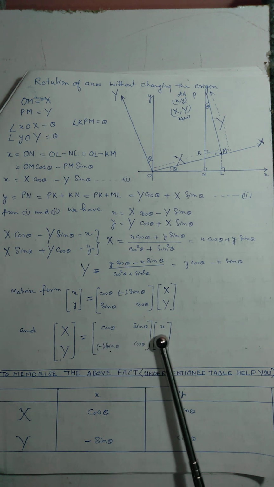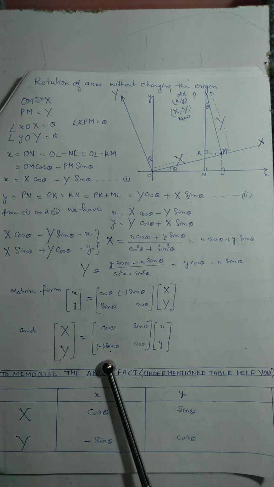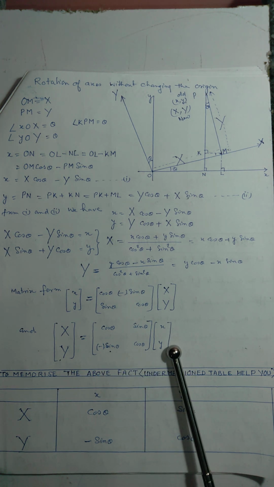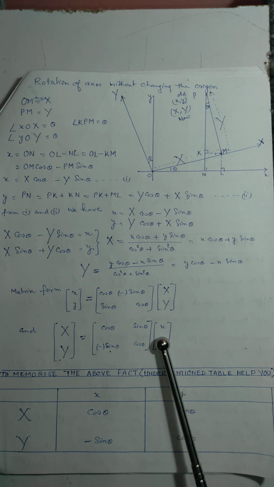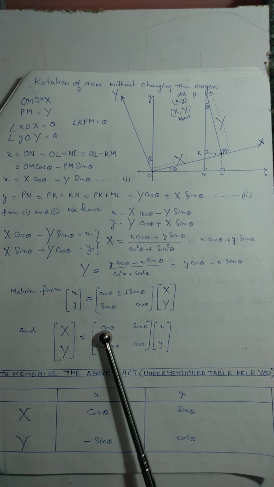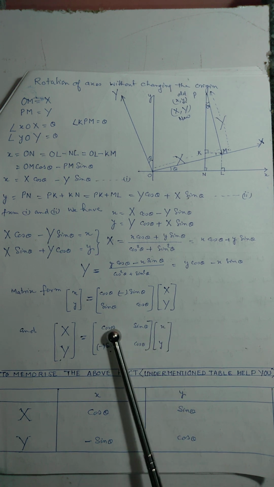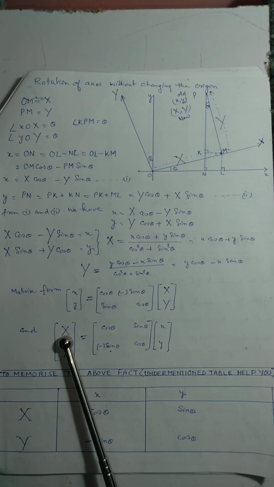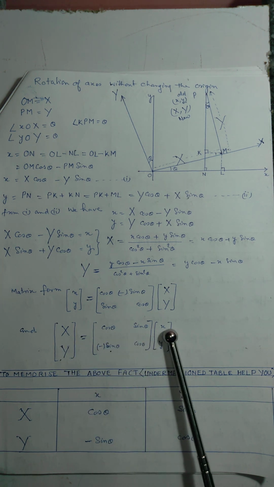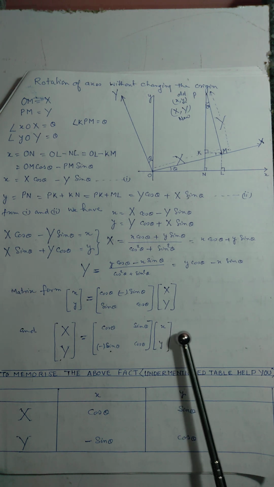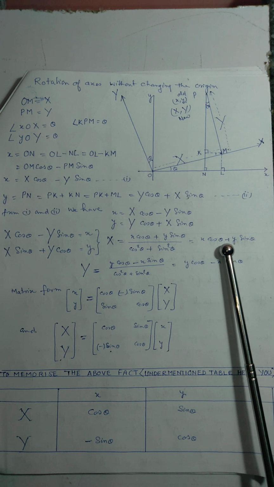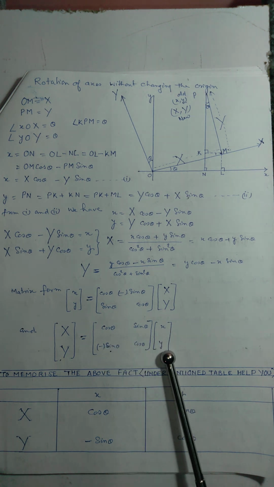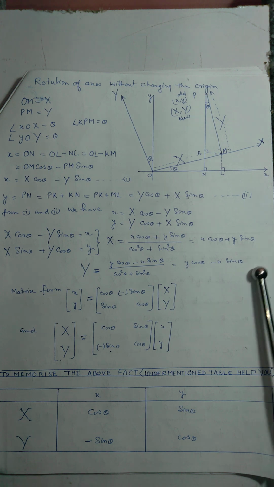Cos theta, sin theta, minus sin theta, cos theta, and here small letter x and y are mentioned. You multiply this row and this column, and you will get the value of capital X. Cos theta will be multiplied to x, so you will get x cos theta, plus sin theta will be multiplied to y, so you will get y sin theta.